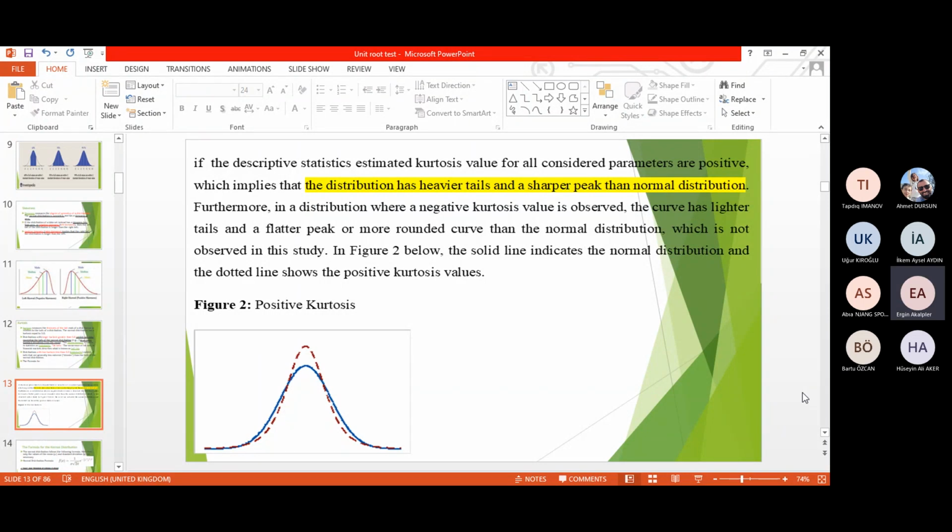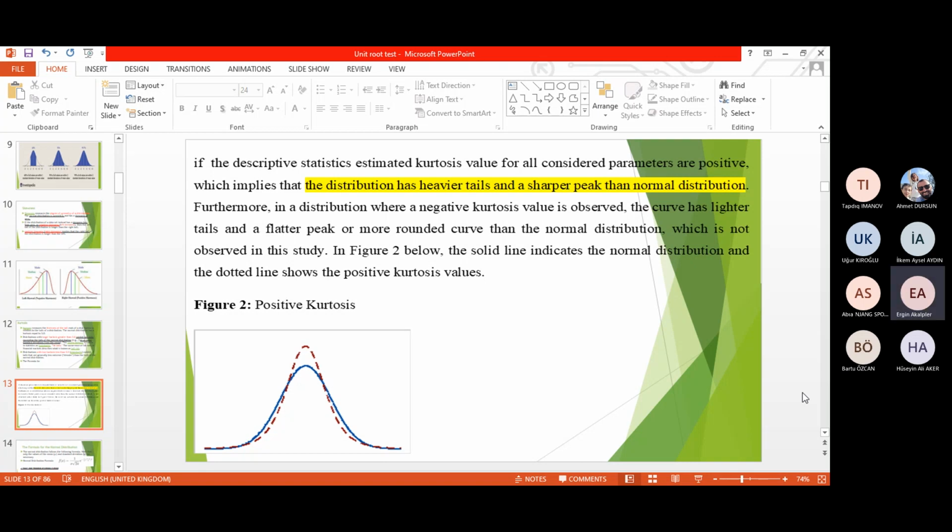A rounded curve than the normal distribution is not observed in this study, which is taken from my paper. In figure 2 below, the solid line indicates the normal distribution and the dotted line shows the positive kurtosis values.